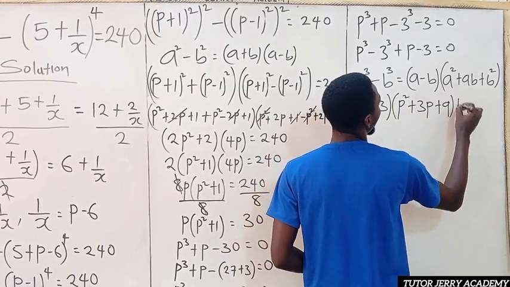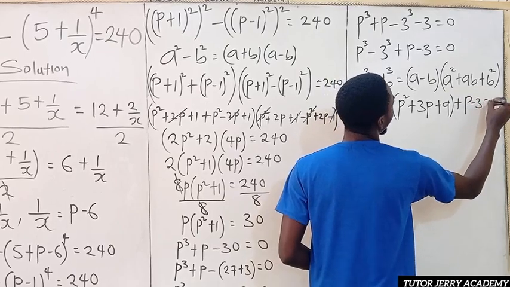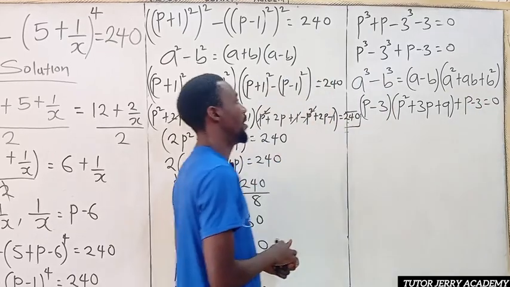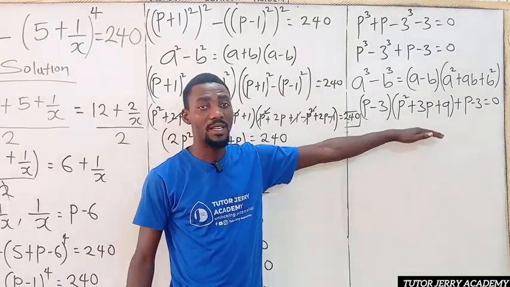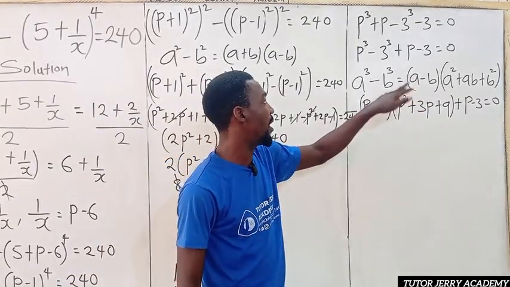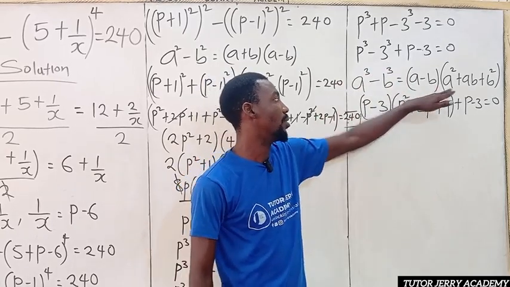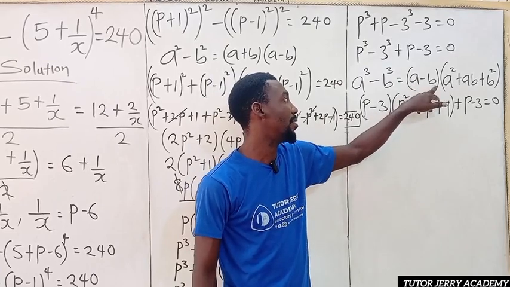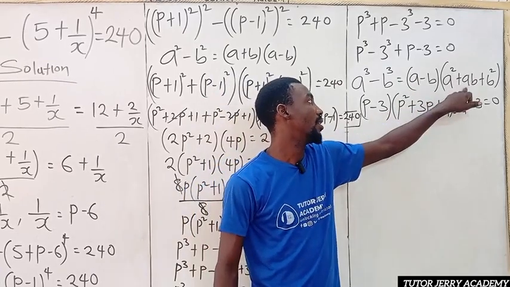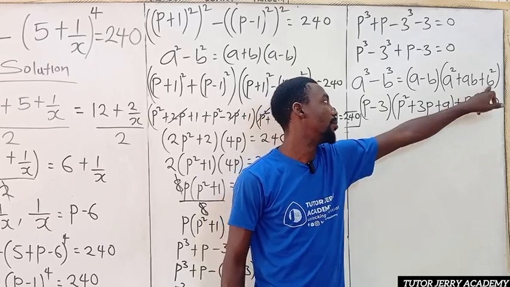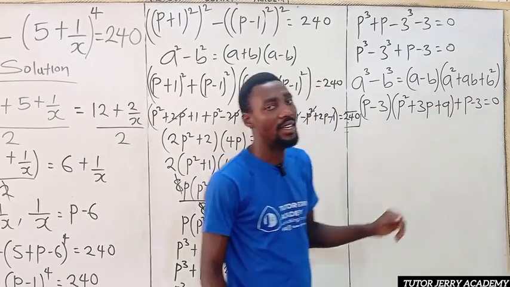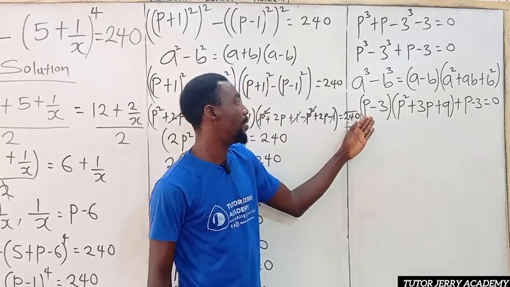So this is going to be plus p minus 3 equals to what? 0. Alright. Now, I hope you understand this. We said our a is what? p, and our b is what? 3. So just put here, we are going to have p minus 3, p square, 3 times p is 3p. Then put your 3 here, you are going to have it as 9. Alright. Now, this is p minus 3 here.